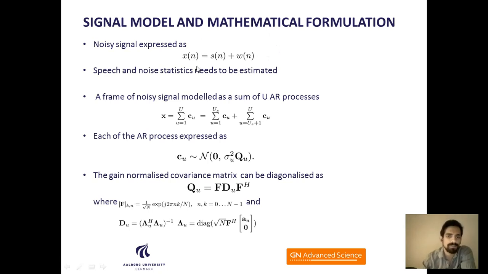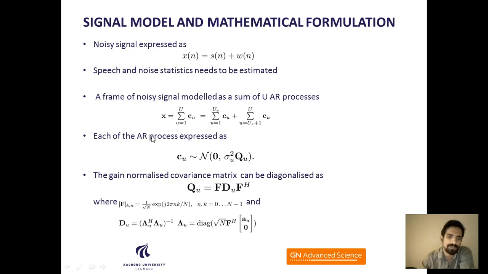And to make this task easier for us, we here model a frame of the noisy signal in the time domain as a sum of U autoregressive processes. And here the first US autoregressive processes correspond to the speech, and the remaining autoregressive processes correspond to the noise.